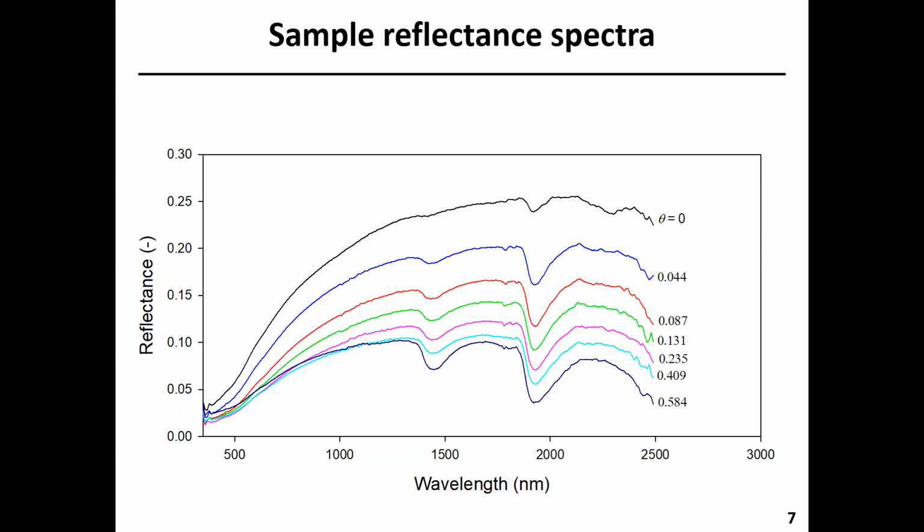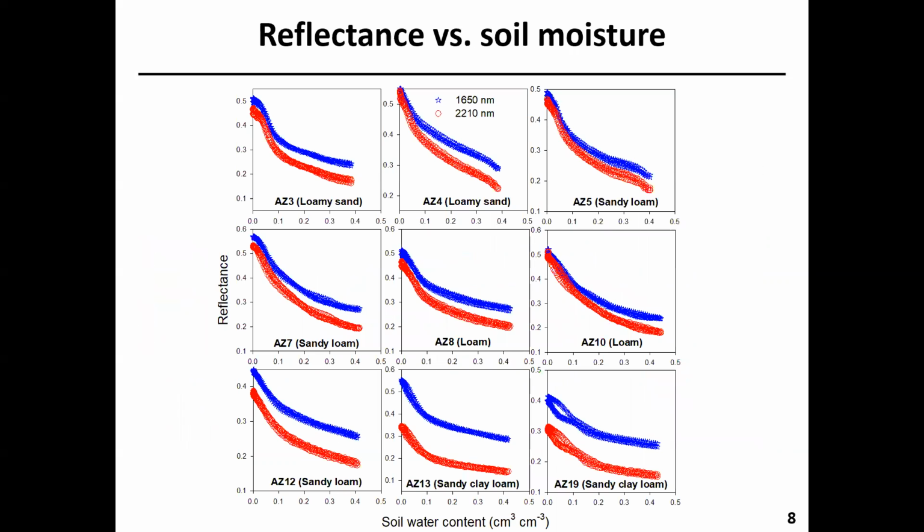And this is what we already know from previous studies. If we look at the data, for example, I'm showing data at two SWIR wavelengths, 1650 nanometer and 2210 nanometer, and you see that reflectance is inversely correlated to soil water content, and the relationship is pretty much nonlinear.